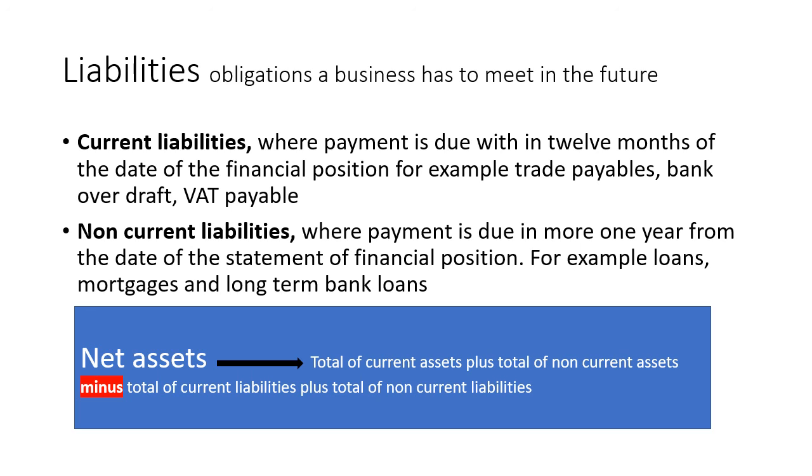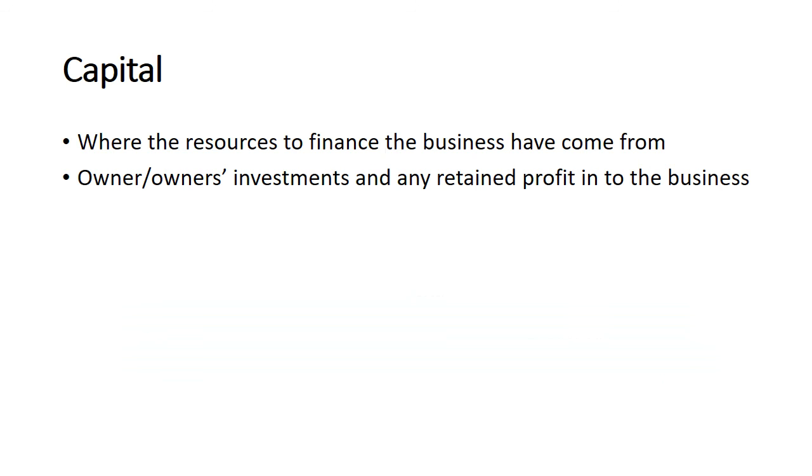If you add current assets and non-current assets, and then deduct current and non-current liabilities, that gives you the figure of net assets. Capital is where the resources to finance the business have come from: the owner's investment and any retained profit in the business.